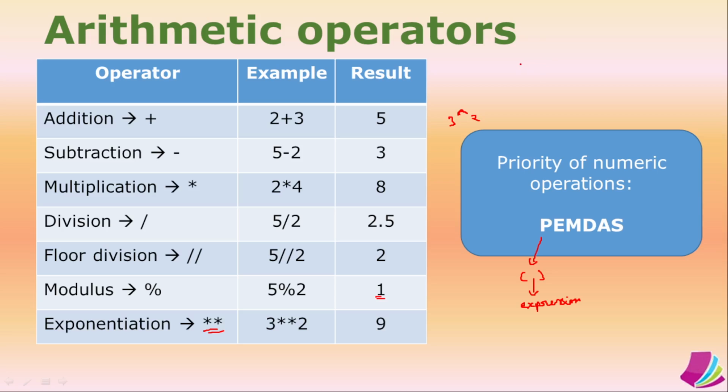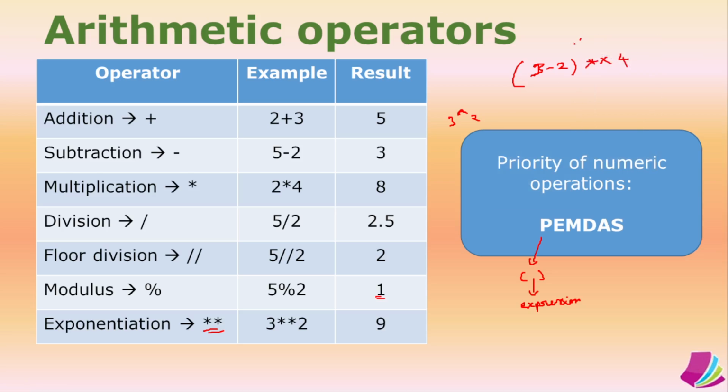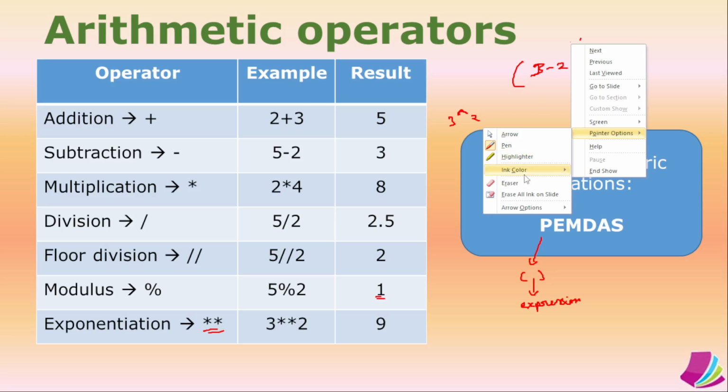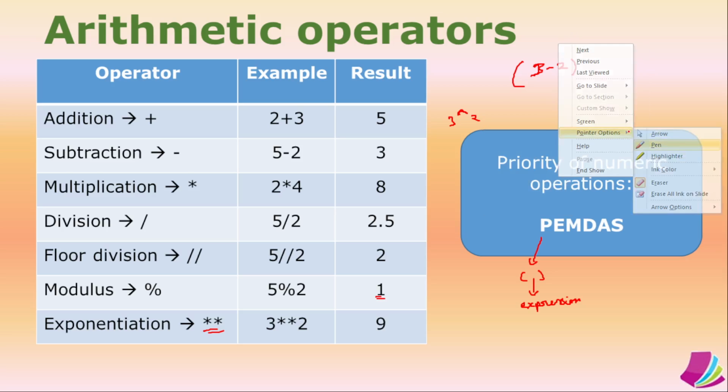Say for instance, I have something like this: 3 minus 2 star 4. Normally subtraction gets the least priority. Let me make it more interesting, so that you can understand this priority better.